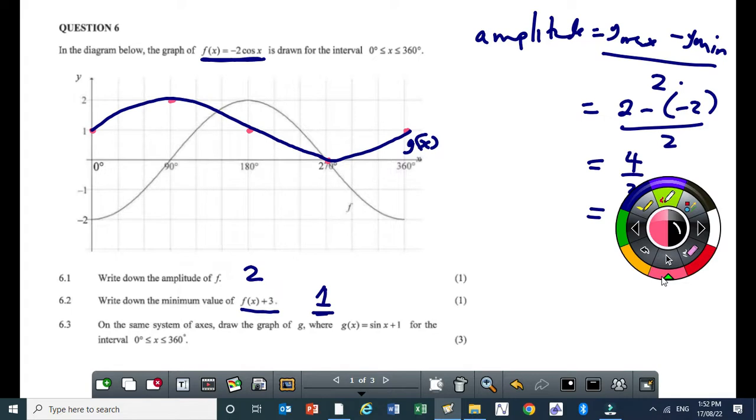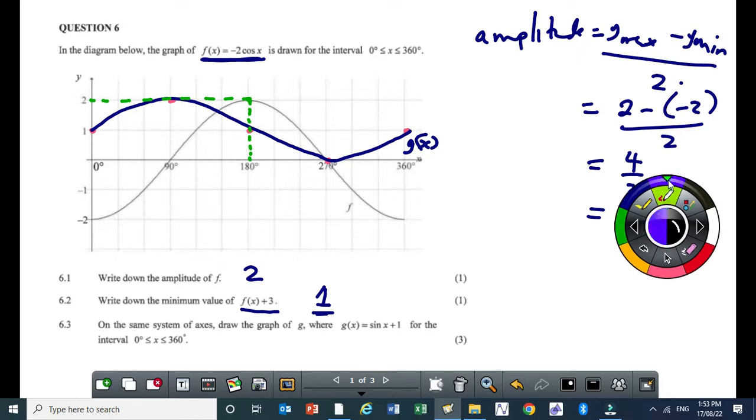Remember, f is the faint one. The value of y there when x is 180, let me use a different color there. So the value of y there is 2. Am I right? For the cosine graph, y is equal to 2.